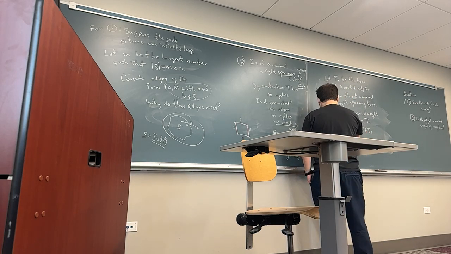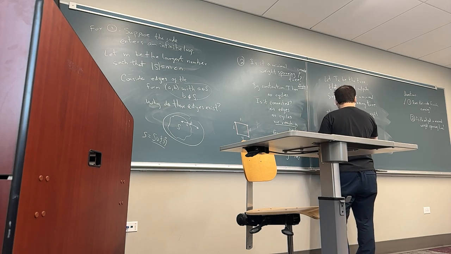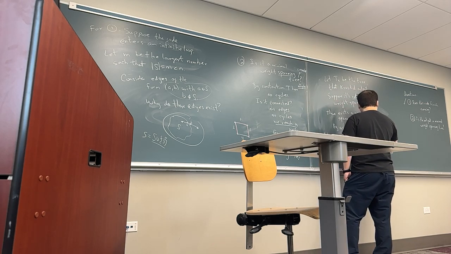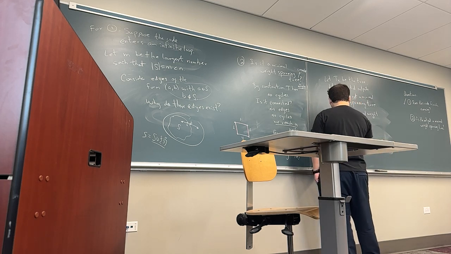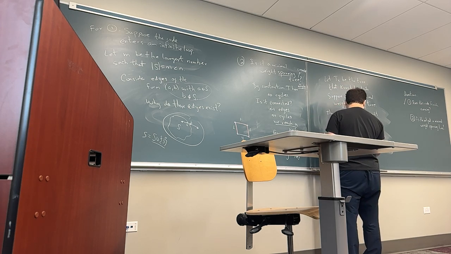So let the edges of TK be E1, E2, to En minus 1, in order of weight.